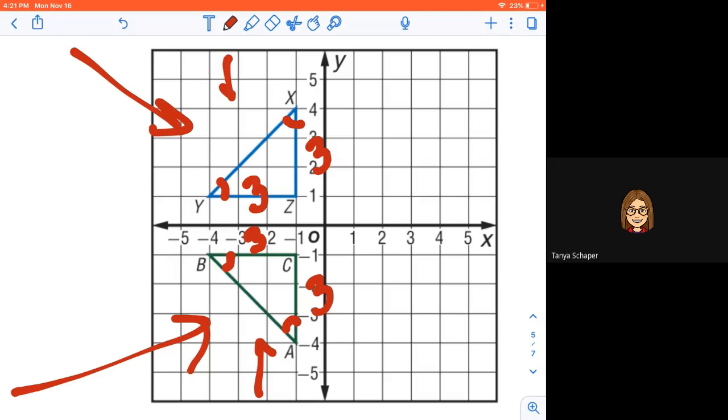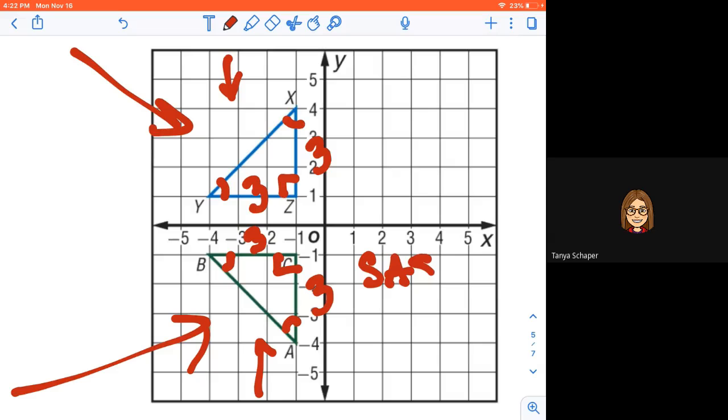What I do know, though, is that YZ and XZ are perpendicular. One's horizontal, one's vertical, which makes this a right angle, which makes it 90 degrees. And BC and CA are perpendicular, which makes angle C a right angle. And so I can prove these two triangles congruent by side, angle, side.